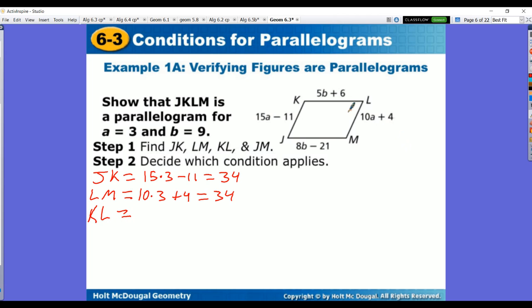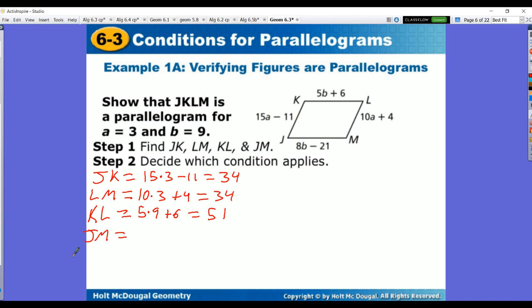KL is 5 times B plus 6. We have 9 for B, so 5 times 9 plus 6, and that's going to get us 51. Last one we've got is JM.